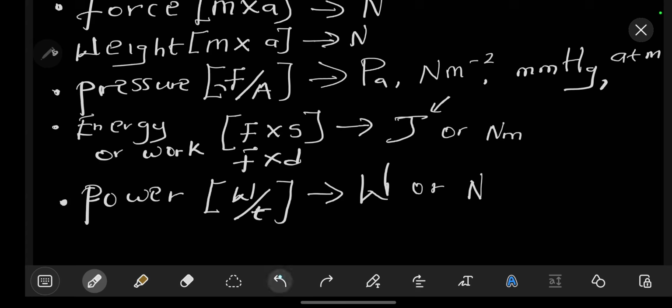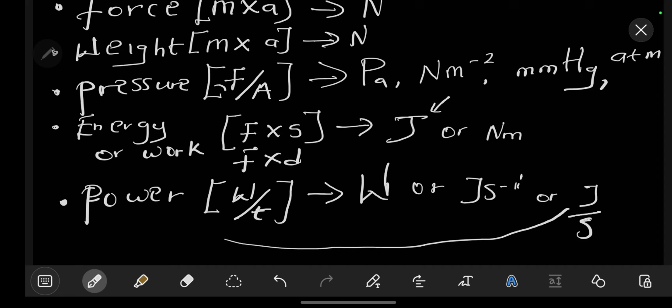Sorry about that, I mean joules per second. Now look at this. Joules you see here is for work or work done. Then this S you see here, which is the seconds, is for time.